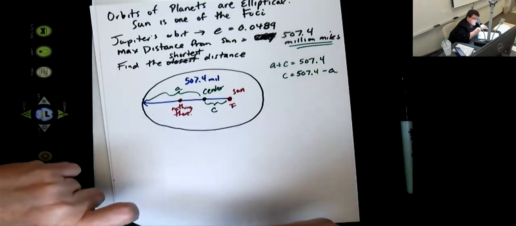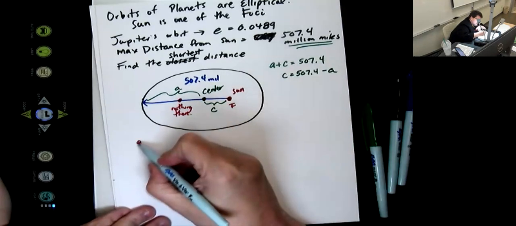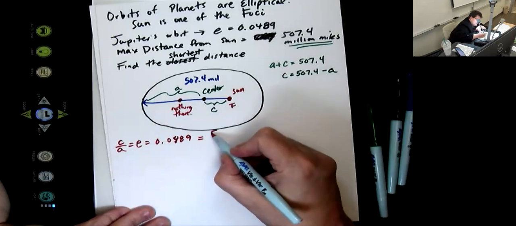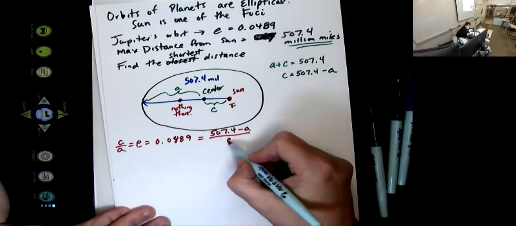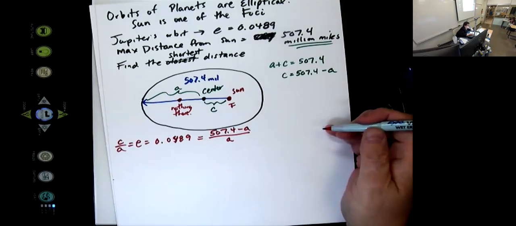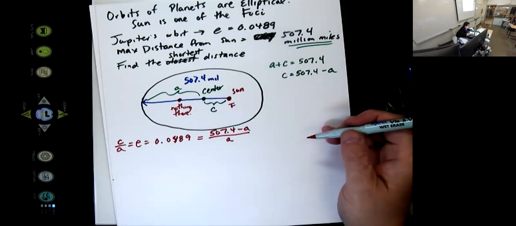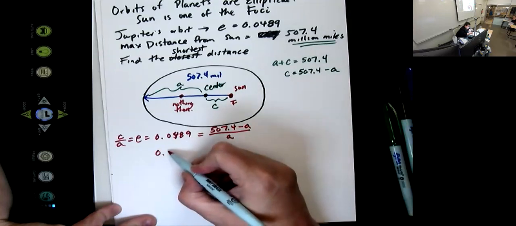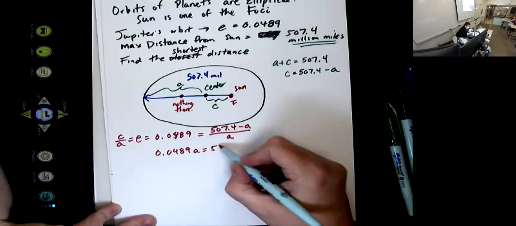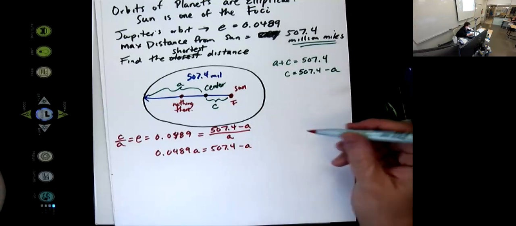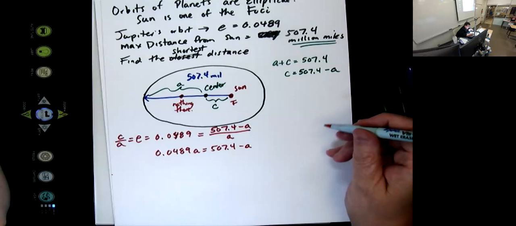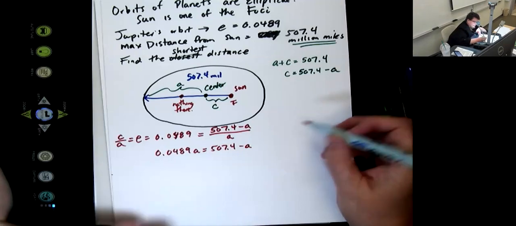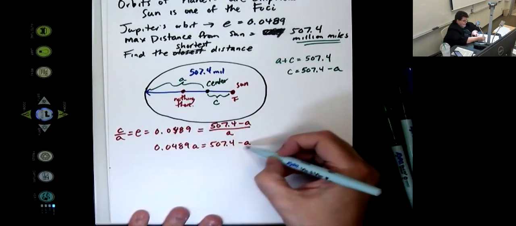The reason I say that is because that'll help us with the eccentricity. Eccentricity 0.0489 equals C over A, but C is 507.4 minus A, all over A. So if I clear fractions, I'm multiplying by A. To solve this, I'd get A on the other side, add A to both sides.